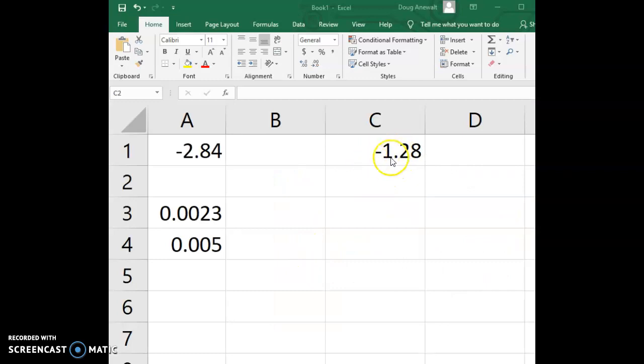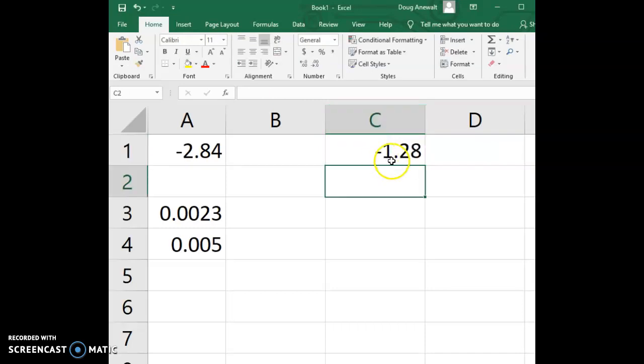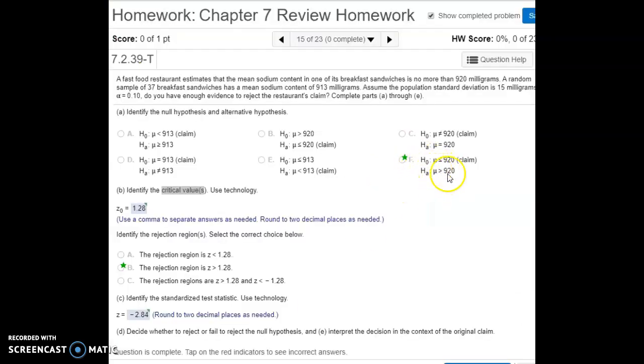And so Excel is always giving us a left-hand tail value for our critical value. By symmetry, the right-hand tail value would be the same number, just the positive for our critical value. And so with a greater than alternative, our rejection region is greater than that critical value.